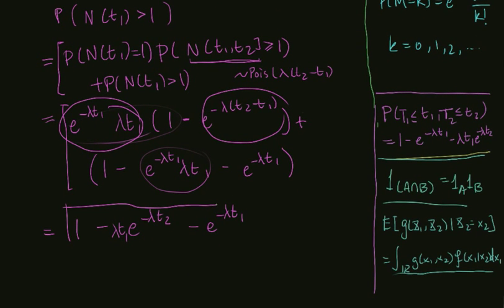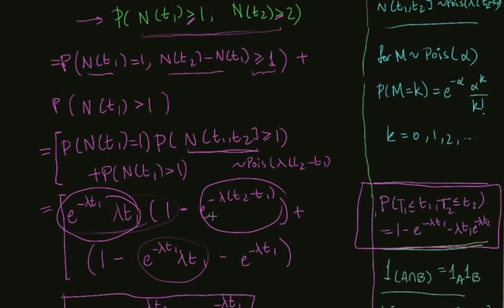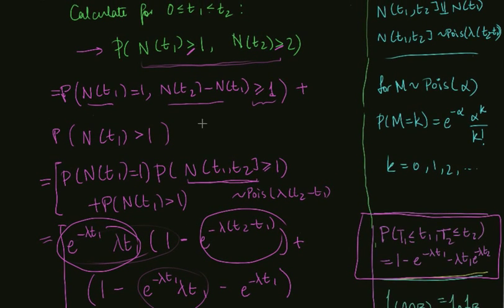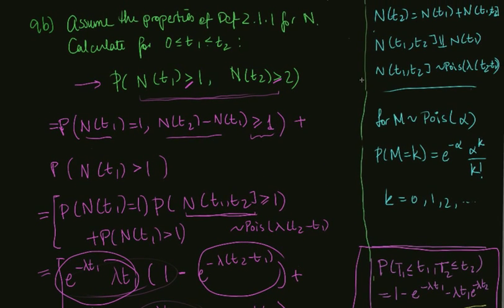Now, very interestingly, this expression is equal to the expression that we found for the joint distribution function of T1 and T2 in A. So we have more or less reached the conclusion that we wanted. And then you might say, wait a second, what about the probability that N(t1) is greater than or equal to 1?